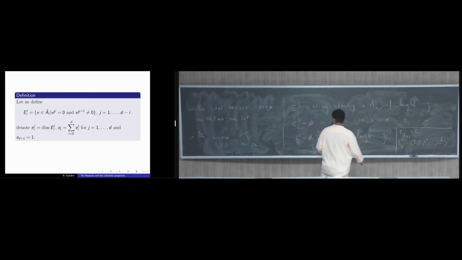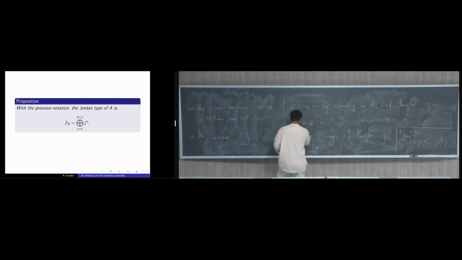Oh, okay, it's consistent. E_J is the number of strings of length J. So this is the Jordan type of A. So here is the beginning of an algorithm.